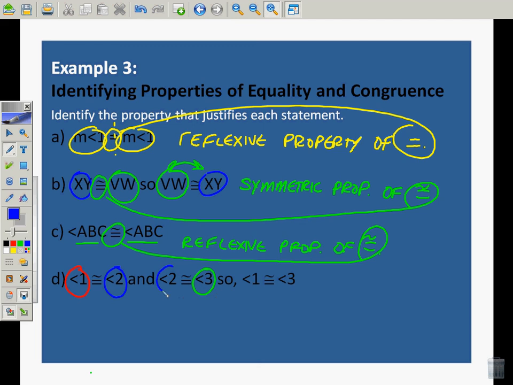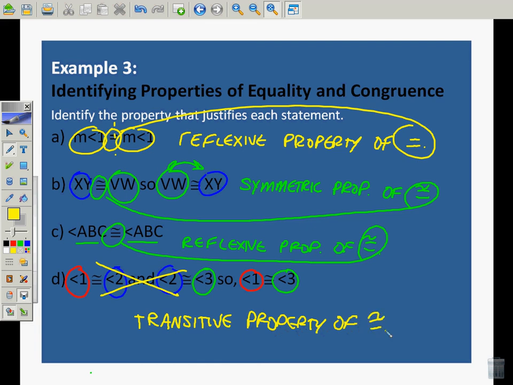But 2 and 3 are going together. So what we've done is we've said we're just going to use 1 and 3. Look what happens. We're cutting out this middleman. So this tells me it's transitive property of congruence. Okay? Transitive property of congruence.